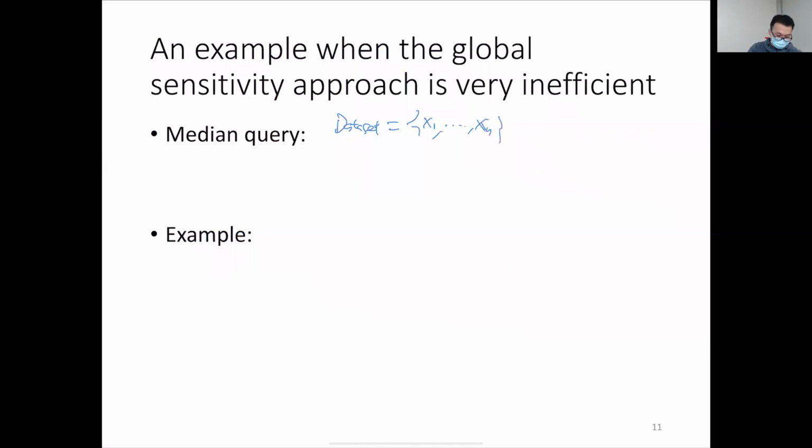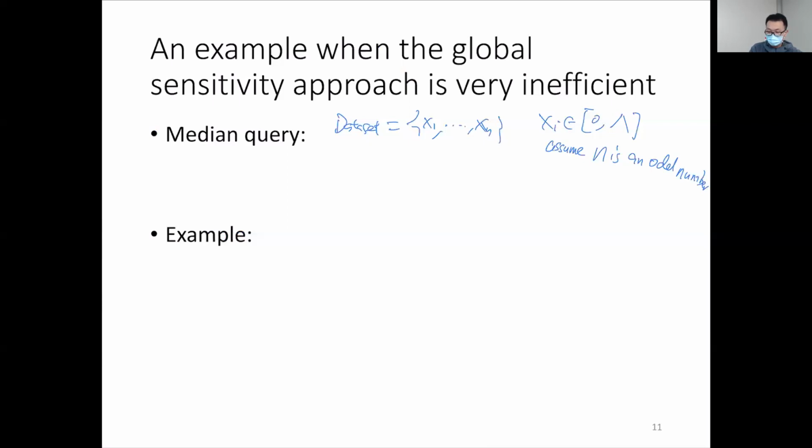Let's say that this data set, they're all scalars, and each one of them, xi, belongs to some bounded range from 0 to say this capital lambda, and for simplicity, let's also assume that n is an odd number, so we don't have to define a median when there are 2 points that could both be median.